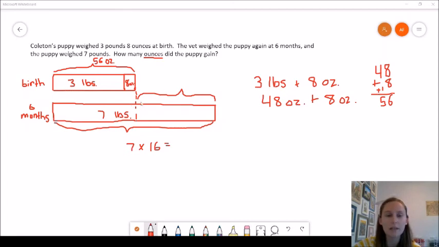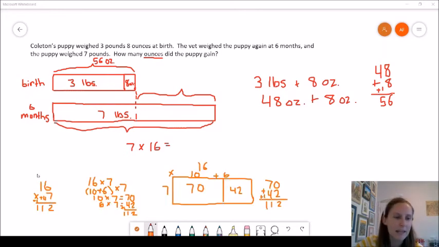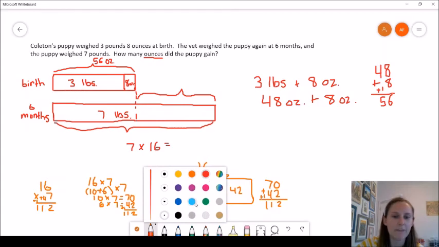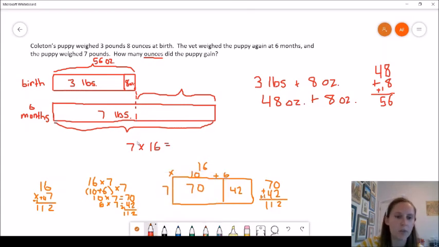So go ahead and pause and figure out 7 times 16 using whatever multiplication strategy you'd like, and then unpause when you're ready to check your work. All right, this is standard algorithm, partial products, and area model. But either way, we see that when we do 7 times 16, we get a final product of 112, which means that 7 pounds is equivalent to 112 ounces.